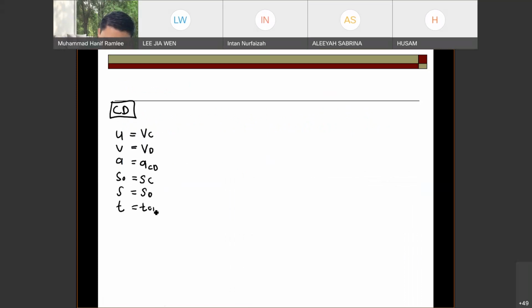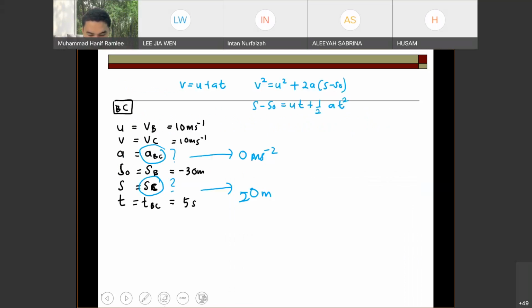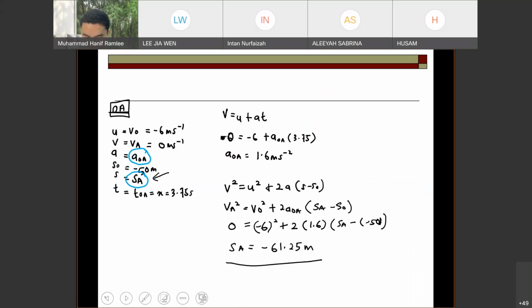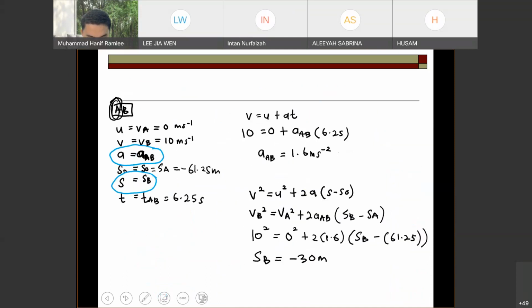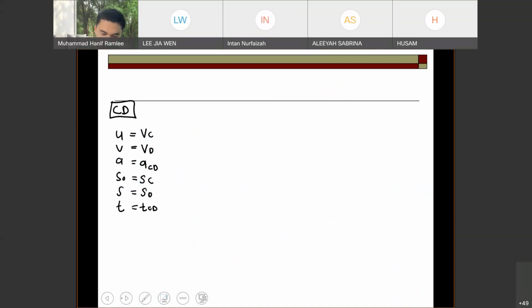So from the graph, at point C and at point D, what is the V? Let's check again the graph. At C, V equal to 10. At D, V equal to 0. VC 10.